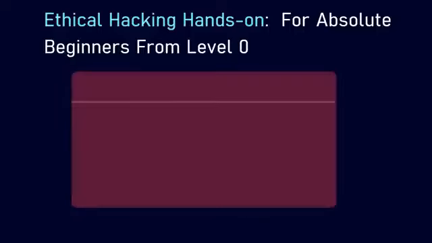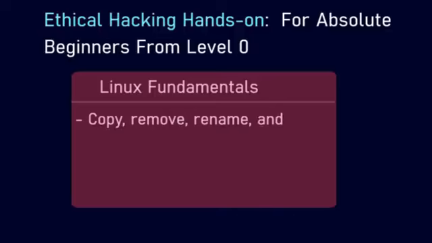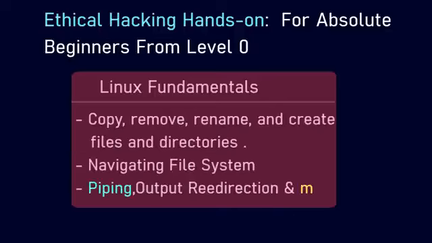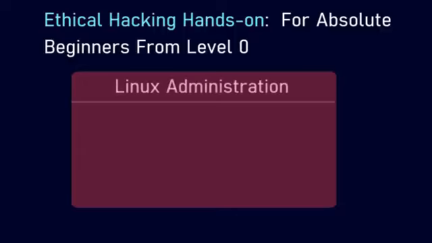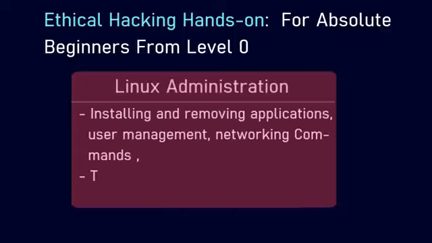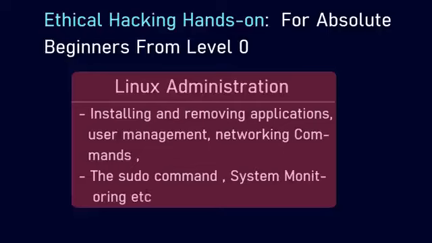We will start with the fundamentals of Kali Linux, such as copying, removing, renaming files, how to navigate your file system efficiently. Then we will move to Linux administration, where you will learn the sudo command, root user, how to create, remove, install and uninstall applications and more.